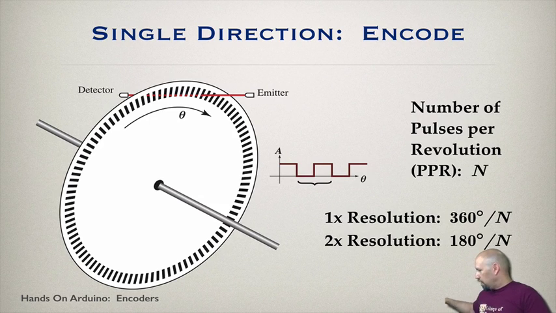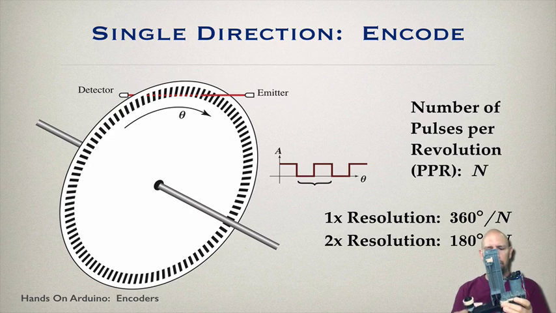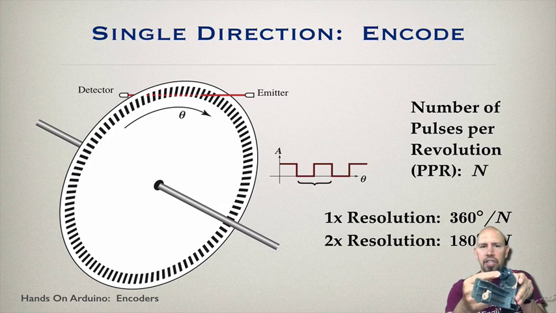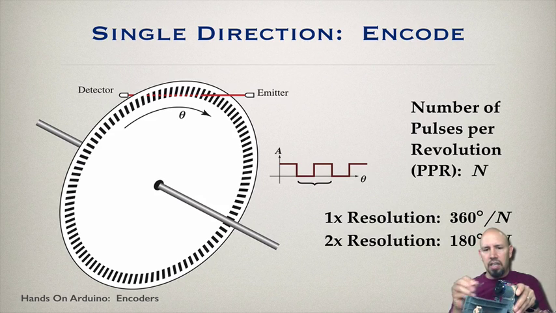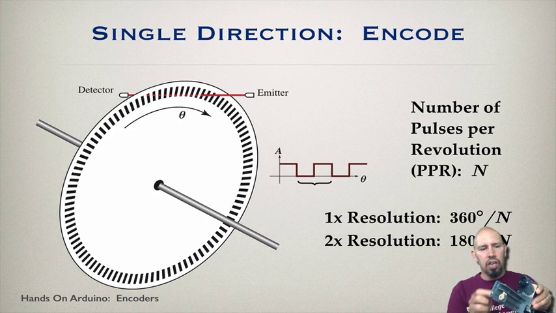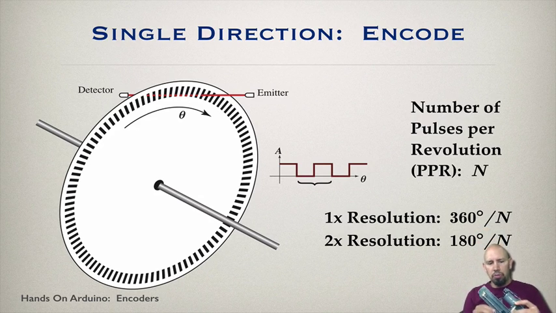Here is an example of a system that has this. It's actually taken from an old printer, and you can see that here's the disk. It has slots in it. It may be hard to see those slots, but anyway, as this thing rotates, here's the emitter and detector that are associated with that, and so you can see how it would be set up.